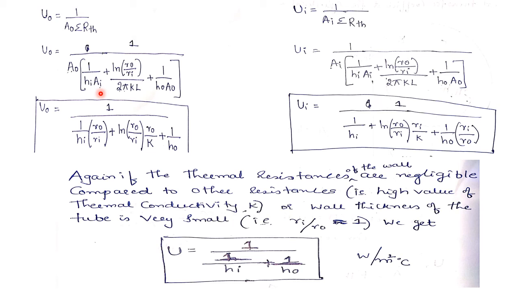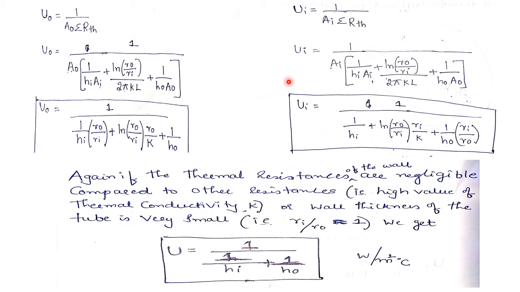So my final term will be 1 divided by Hi in the bracket R0 by Ri plus log of R0 by Ri divided by 2 pi KL, where A0 is given by 2 pi R0 L. 2 pi L term gets cancelled. So my final term remaining will be R0 by K plus, whereas A0 gets cancelled, 1 divided by H0. So this is my overall heat transfer coefficient based on the outside surface area.